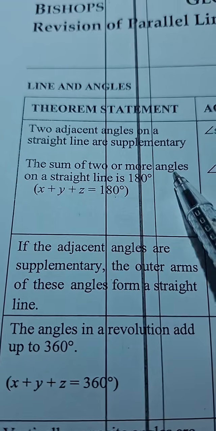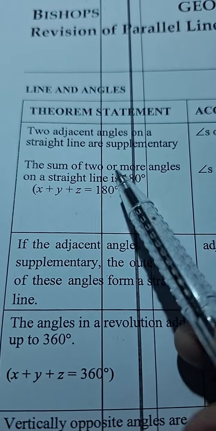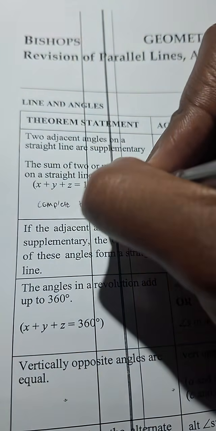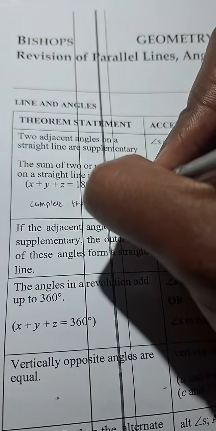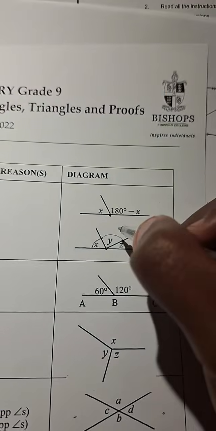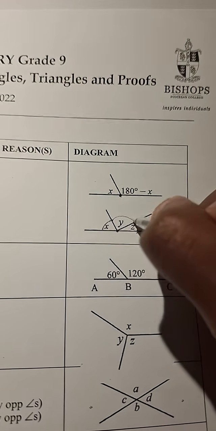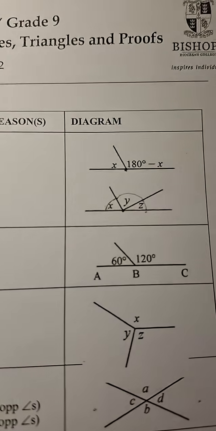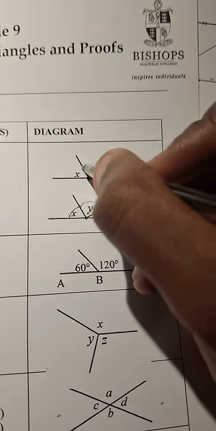The sum of two or more angles on a straight line, but they must complete. Please, guys, these angles, if you want to say they add up to 180, they must complete the straight line. Hey, they must complete a straight line. When you draw from here to there, from there to here, all of them must complete a protractor. They must complete a what?